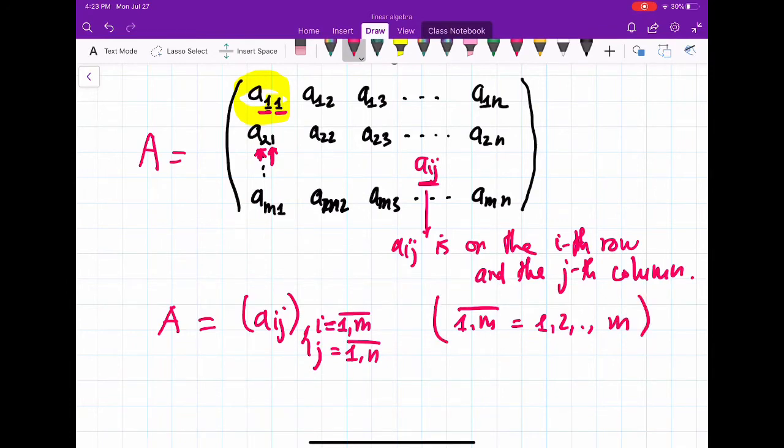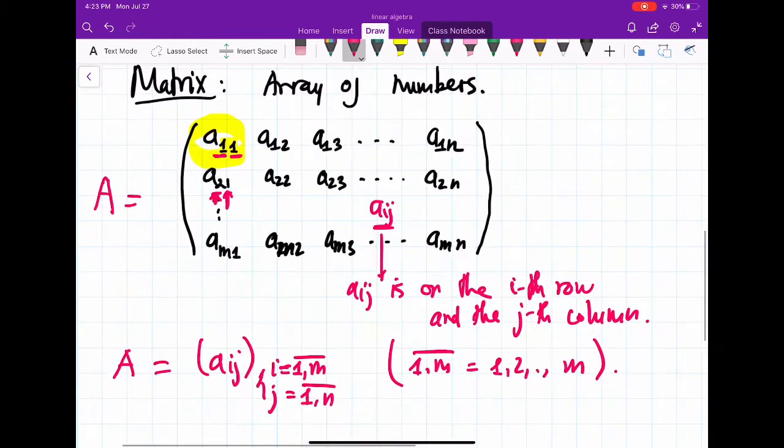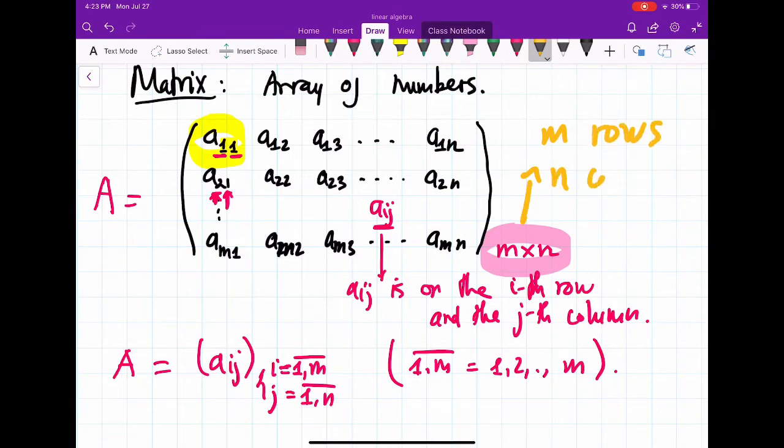It's just the notation. So that is about matrix. And in this case, the matrix has m rows and n columns. So I may talk about the size of a matrix, right? I say, yeah, this is m by n. This is the size of our matrix. So we have m rows and n columns.